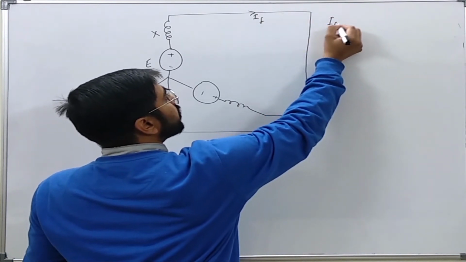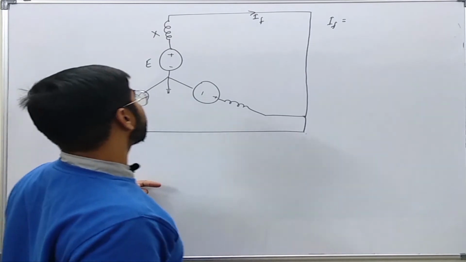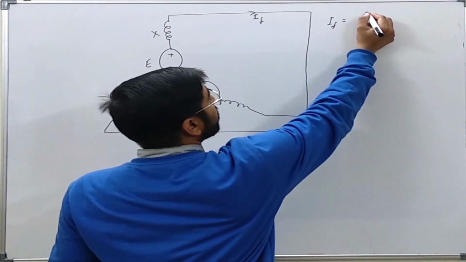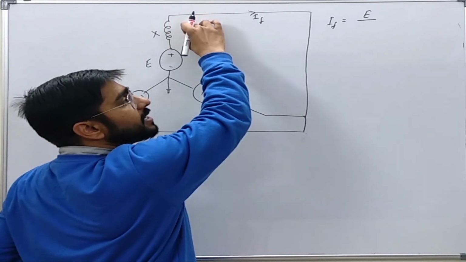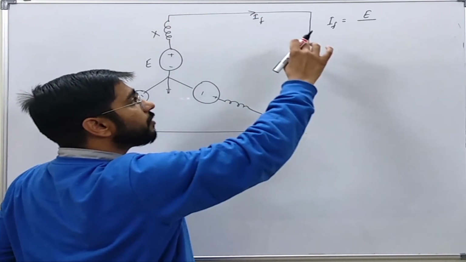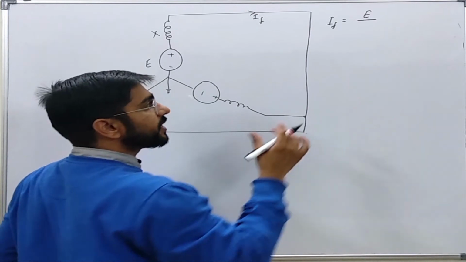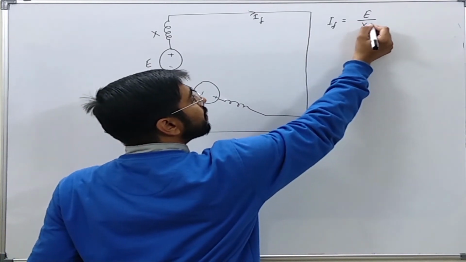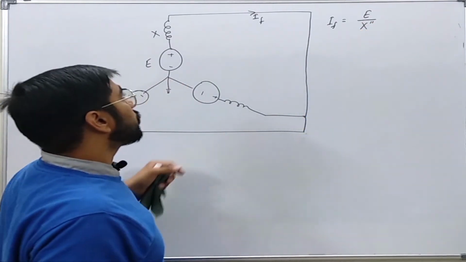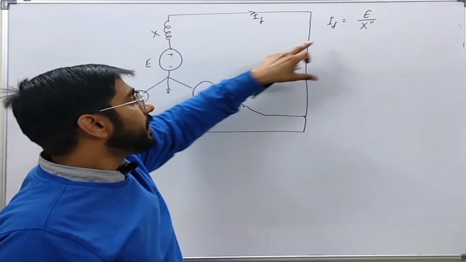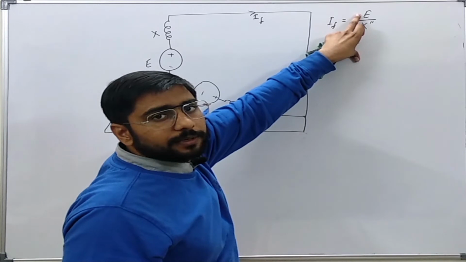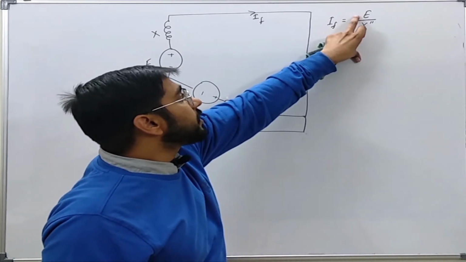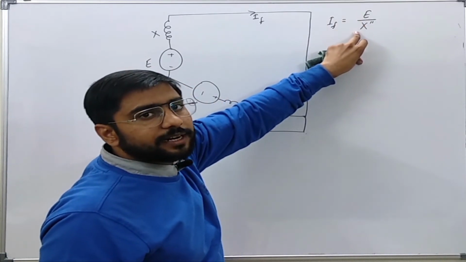flowing during the fault will be given by E over the transient or subtransient reactance, whatever we want to get during that duration. So let us say it is the subtransient reactance. Okay. So the fault current will be the per phase voltage developed in the synchronous machine divided by the subtransient reactance of the machine.